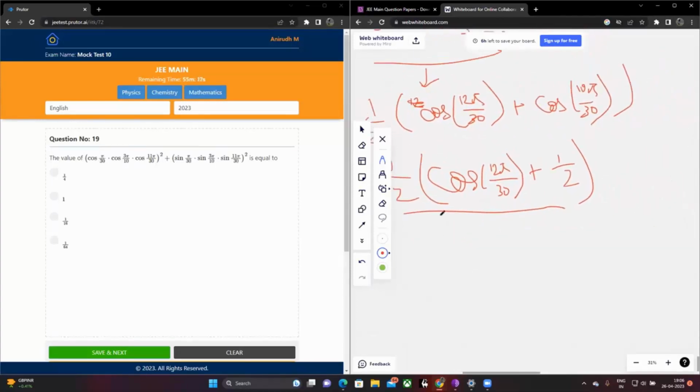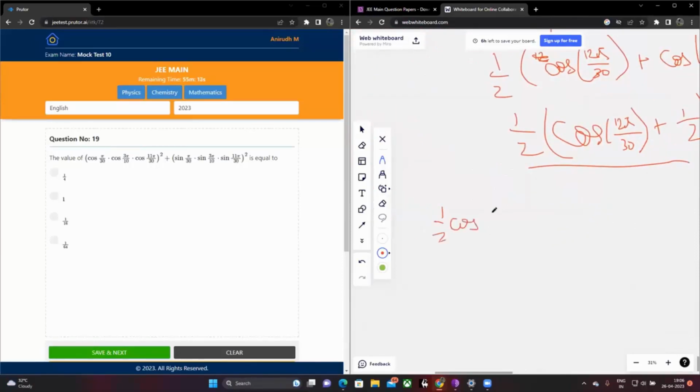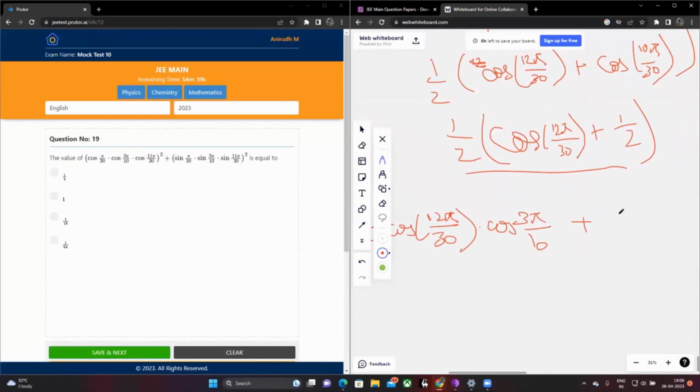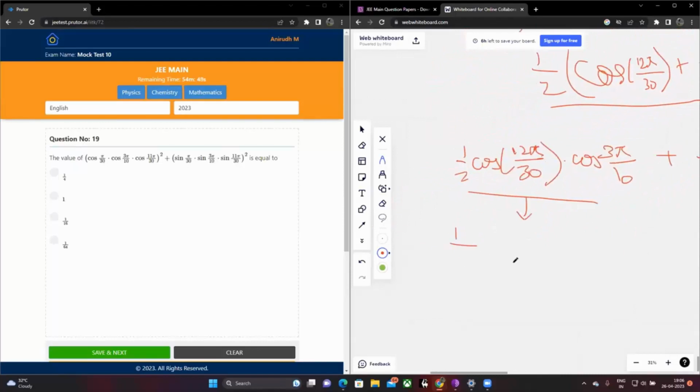This is multiplied by cos 3 pi by 10. So if I expand this, it is basically half of this into cos 3 pi by 10, plus 1/4 cos of 3 pi by 10. This expands again to 1/4 of a plus b plus a minus b.